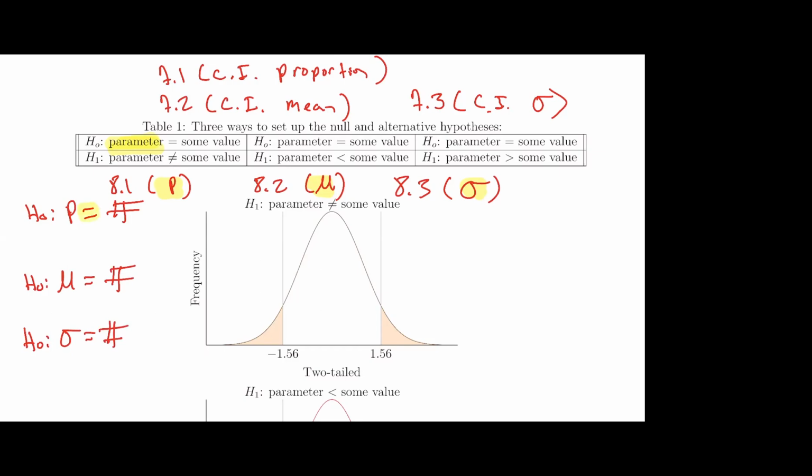The null hypothesis is always going to be equal, because we're always going to give the benefit of the doubt to the value that we think it was. Say I'm flipping a coin, we give the benefit of the doubt that the coin is fair. So we put that p is equal to 50%. All right. So that's the null hypothesis. For the null hypothesis, the inequality in the middle should always be equal. Any questions for the null hypothesis?